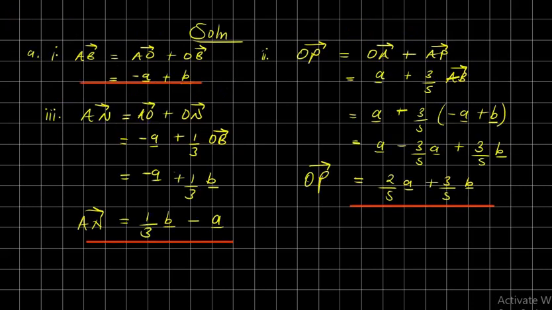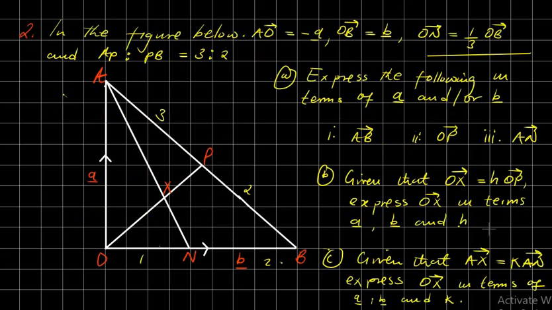So remember, the question is asking us, given that this is that, so we have expressed AX. Now we express OX in terms of A, B, and K. So what is the vector OX?